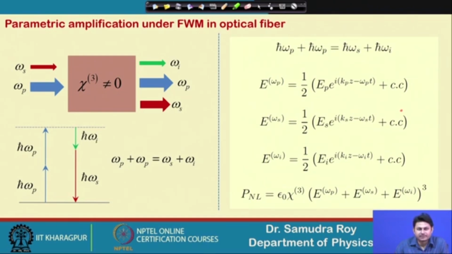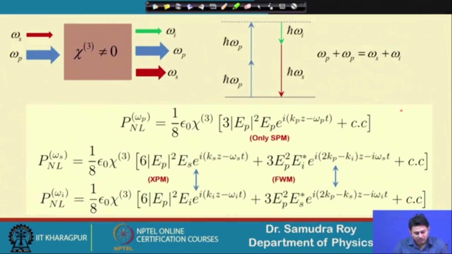Since three waves are associated and we are generating omega s out of that, it is essentially a 4-way mixing process. In this process, the important thing is to find the evolution of the electric field containing frequency omega s, that means the signal, and the corresponding source term.